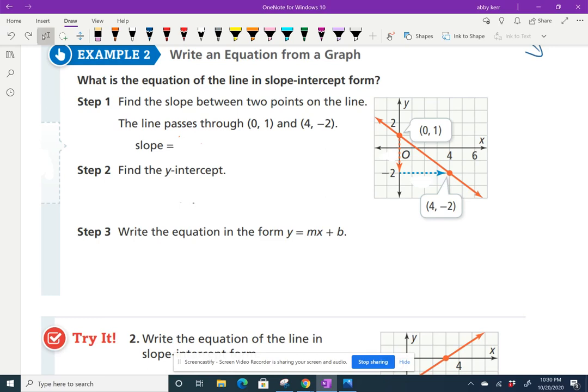Now for example 2, it's honestly the same thing. You want to find your slope, x1, y1, x2, y2.